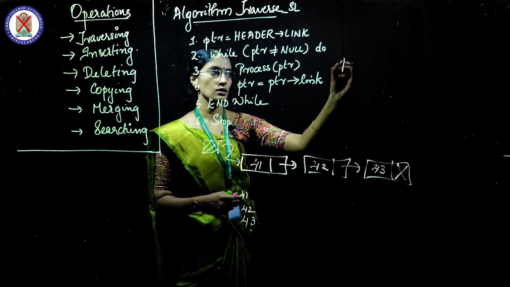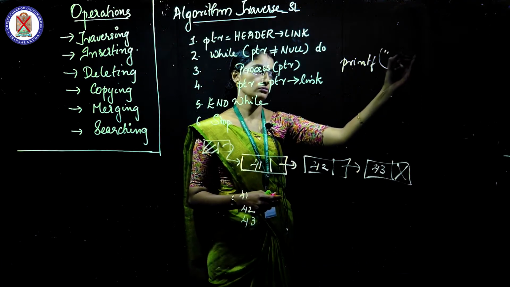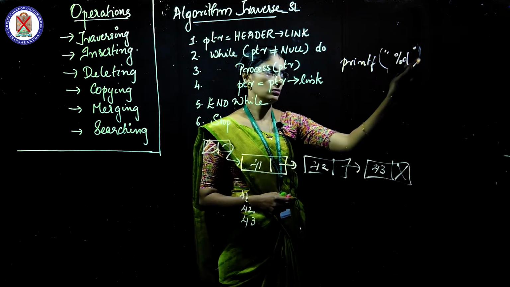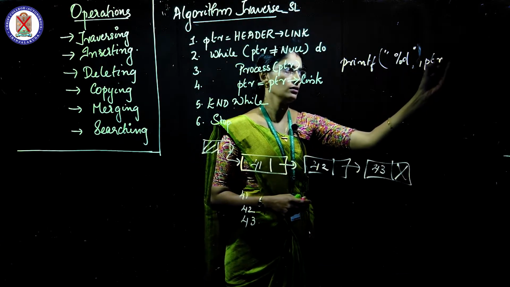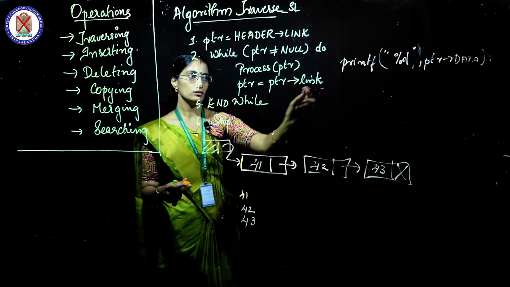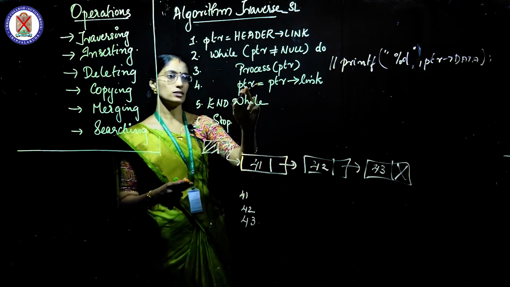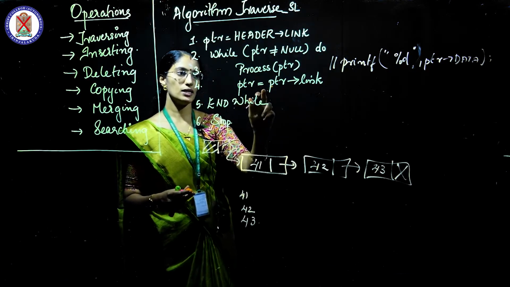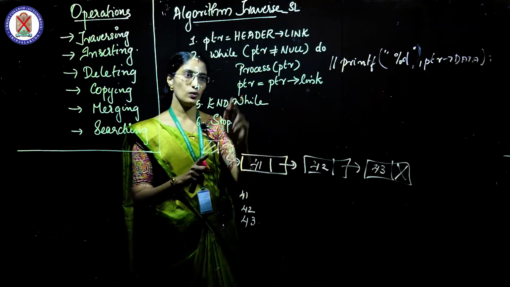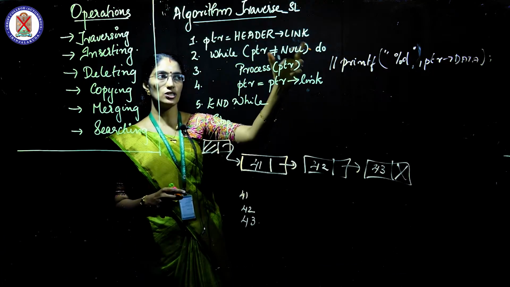Suppose you can give it as printf integer element. You can go to print PTR data. Okay, and that is meant by this process PTR. And next, what is the next statement? PTR is equal to PTR of link. PTR equal to PTR of link means the while loop goes on until the condition is satisfied.